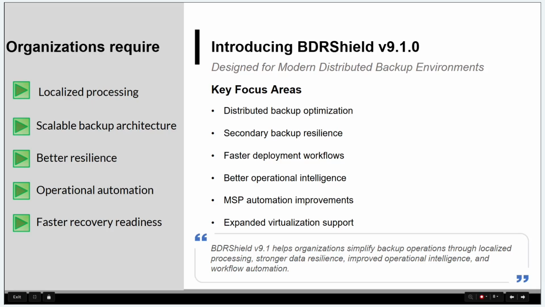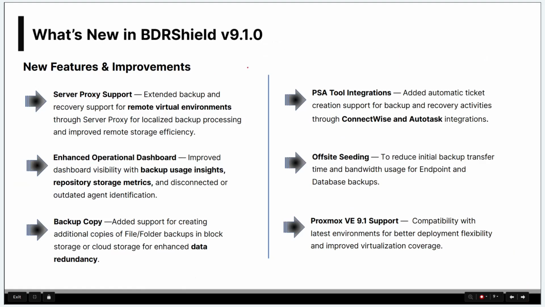Moving on to the next slide, my dear ladies and gentlemen. Now we'll be talking about the new features or the improvements that we have made in version 910. Please do take note of it very closely, because this is what we are going to discuss in the latest slides. There is a new addition of server proxy.